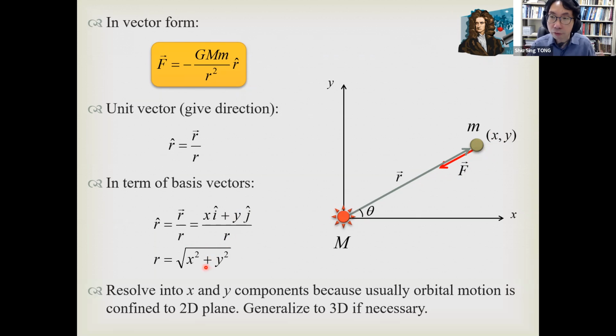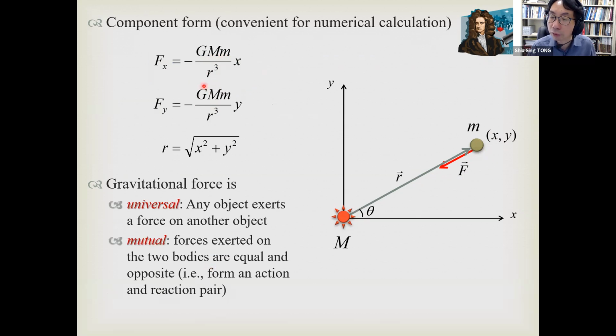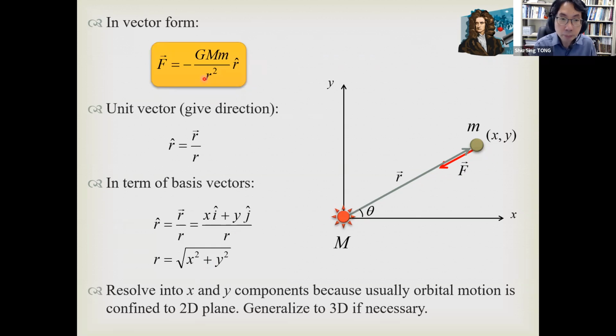Now, this form of Newton's law of universal gravitation allows you to resolve the force into two components. If I put this back into the equation, I can separate the x component and the y component. Because we have an additional x here and an additional r here, we have r squared here, so together with this r, I have r cubed.